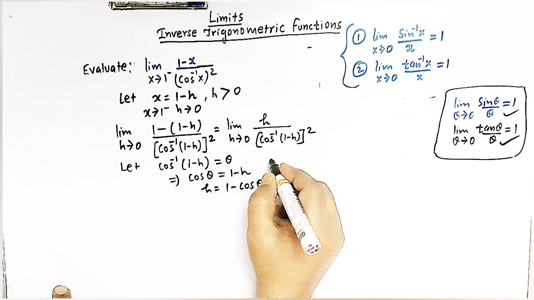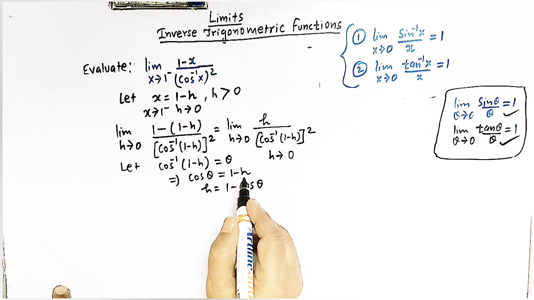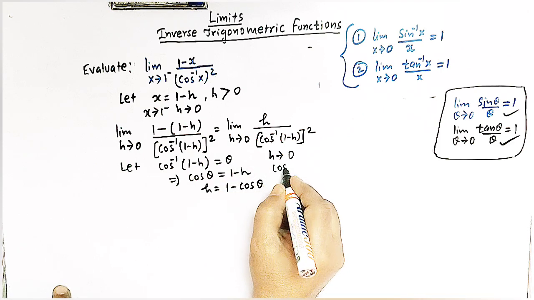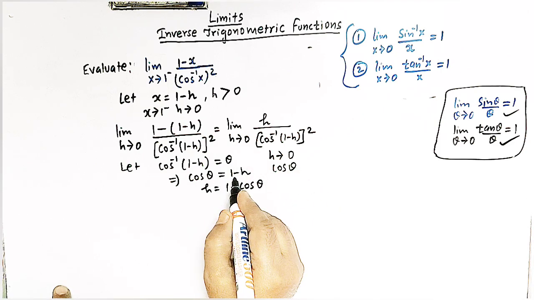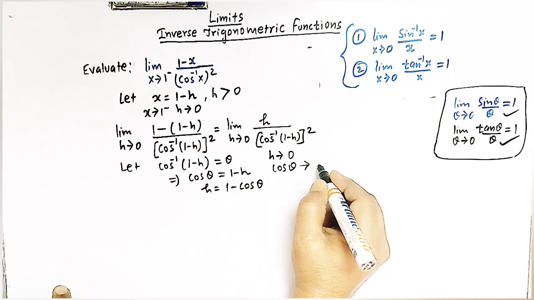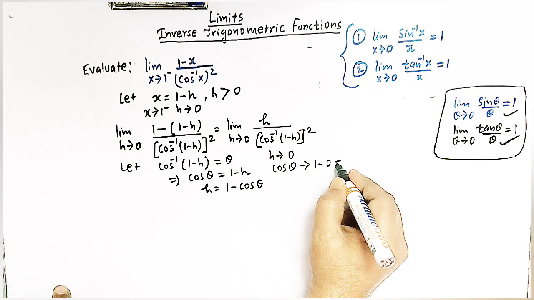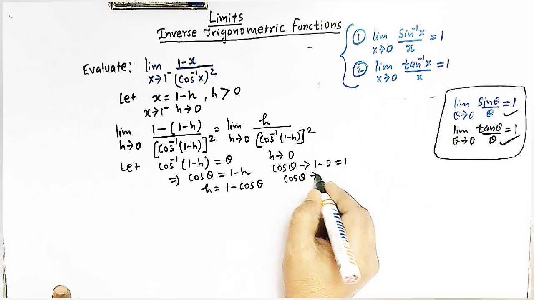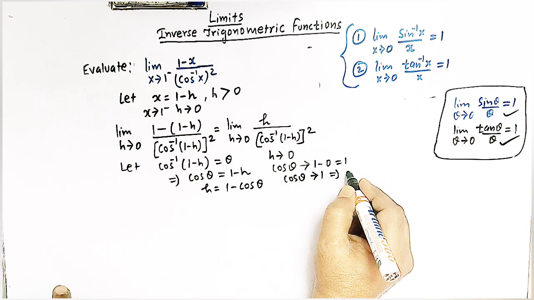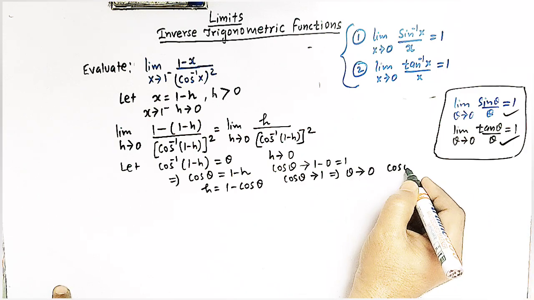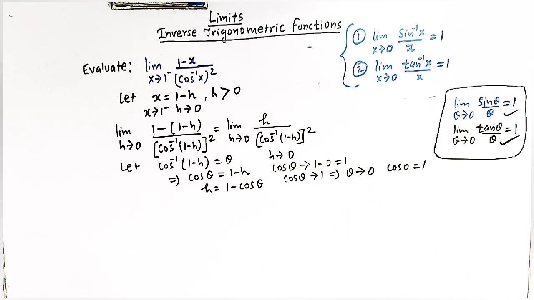Now see, here h tends to 0. So when h tends to 0, then cosine theta, which is equal to 1 minus h, tends to 1 minus 0, that is 1, right? So cosine theta tends to 1, so this implies theta tends to 0, because cosine 0 is equal to 1.